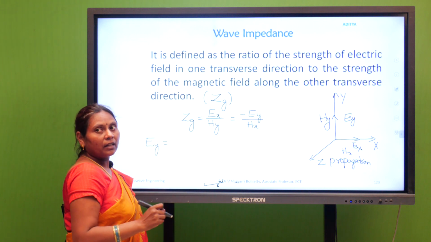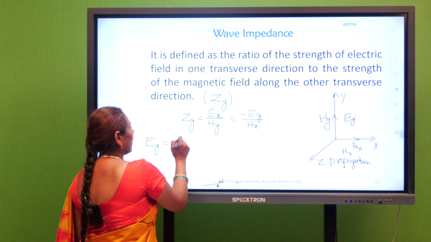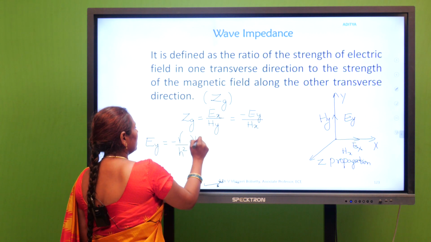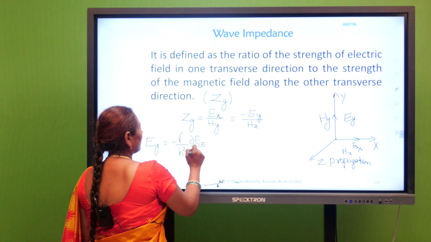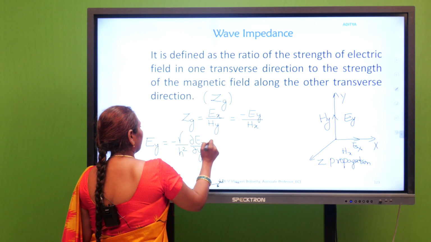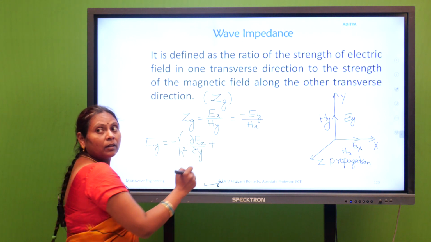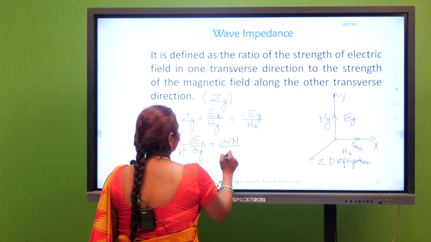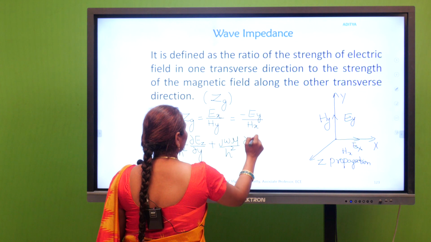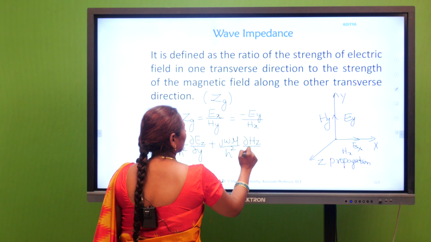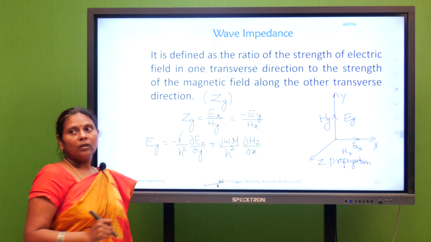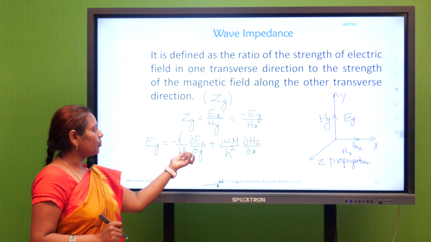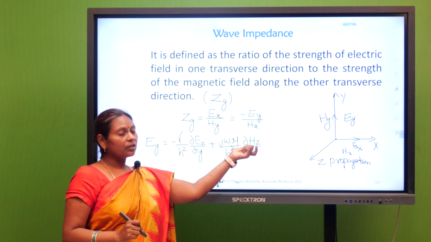So Ey generally is expressed as minus gamma by h square dou Ez by dou y plus j omega mu by h square dou Hz by dou x. So this is the field Ey in terms of Ez and Hz.